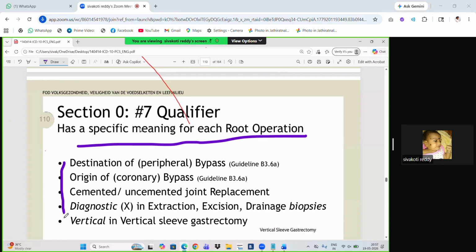Note down or take a snippet of these qualifiers. At the time of the root operation discussion, we can discuss the qualifiers also. So there is no separate definition for the qualifier. Clear?